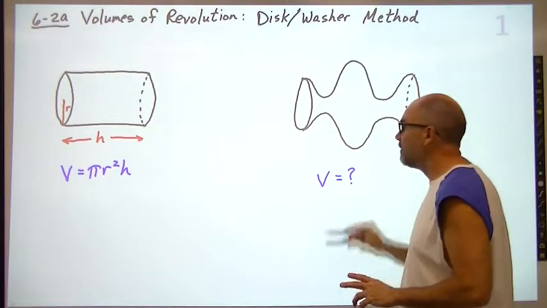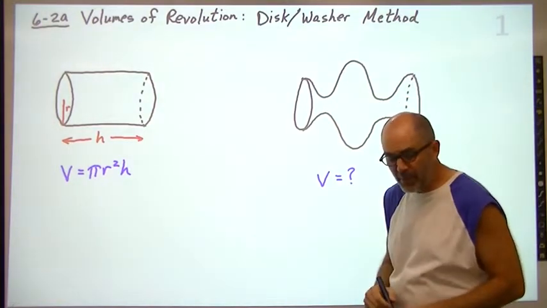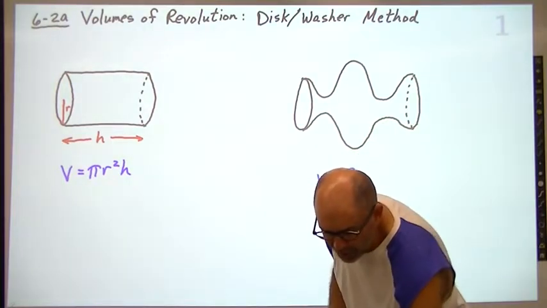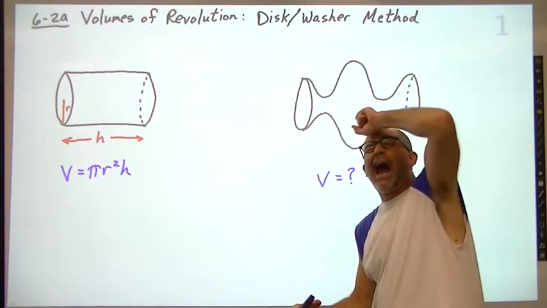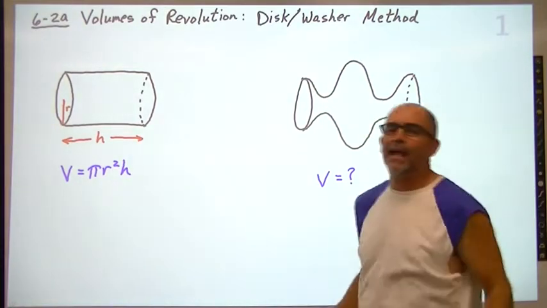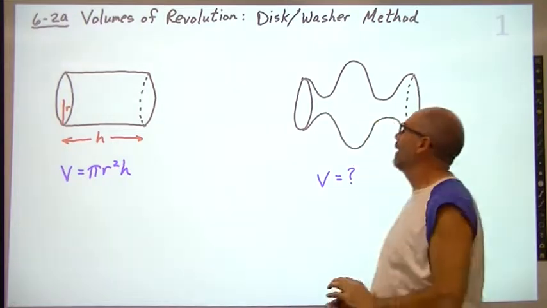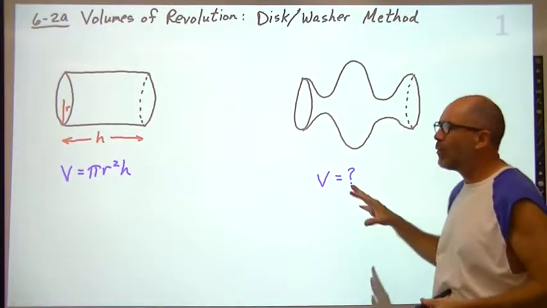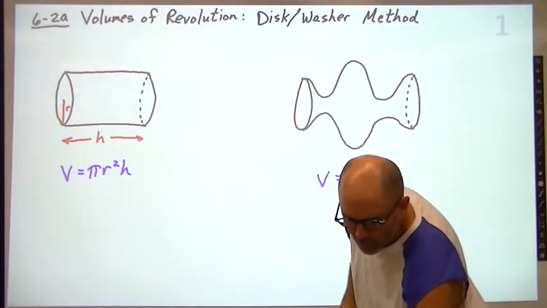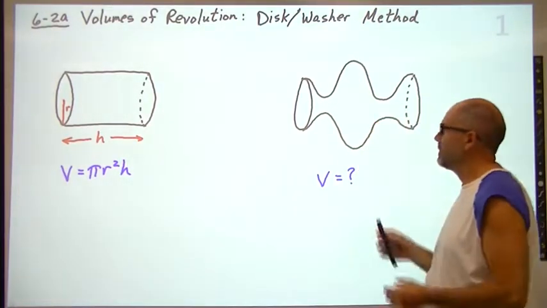So how are we going to find the volume for this puppy? We need calculus! Yes, we need calculus. All right, so let's start with a simpler example and work our way up to something like this.